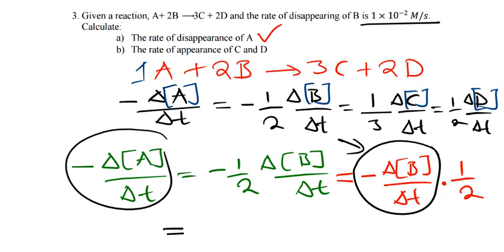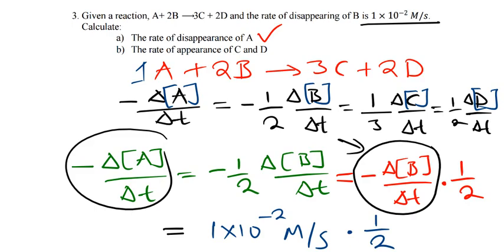The rate of disappearance has already been given as 1 times 10 to the power negative 2 molar per second. Now we are multiplying by 1 over 2 at the end there. I think this is very, very key and very important for us to understand. And what do we now get as our answer?